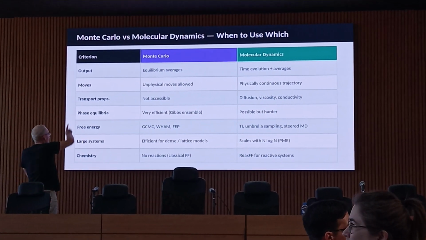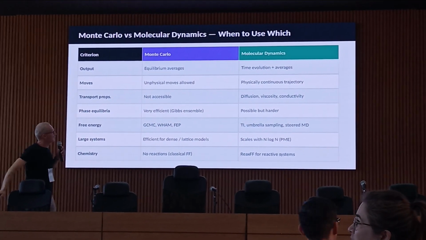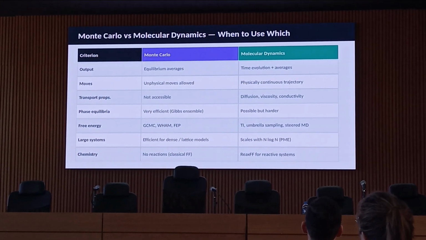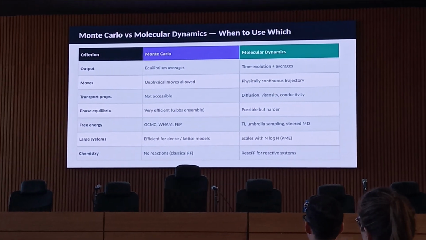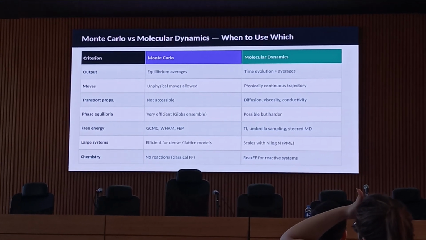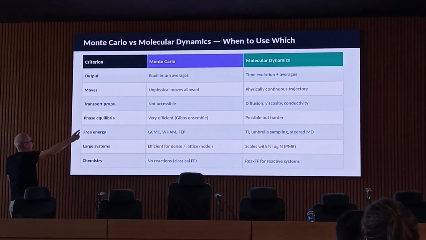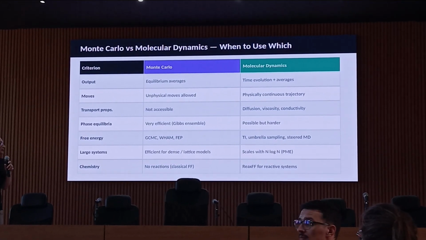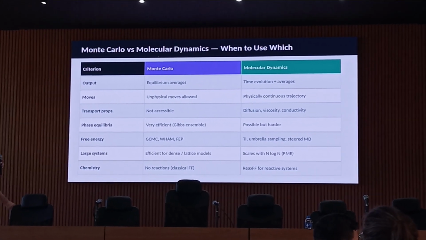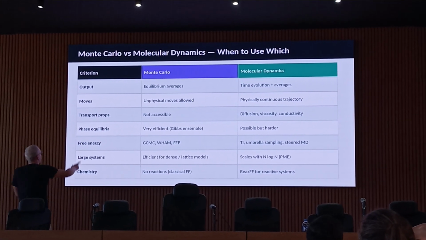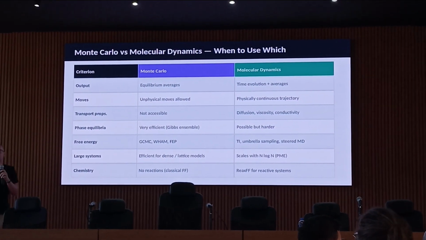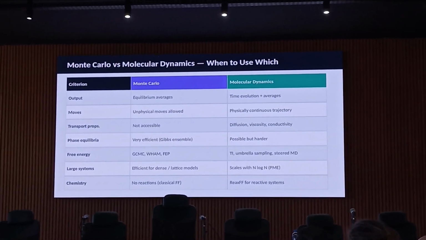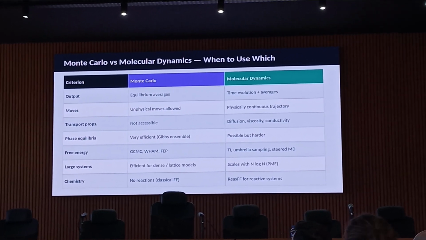In terms of moves, as I explained to you, in Monte Carlo you have unphysical moves, and they help you in equilibrating systems, and this is in MD not necessarily the case. With Monte Carlo, equilibrium transport properties are difficult. Phase equilibrium is really the realm of Monte Carlo because it has special techniques.